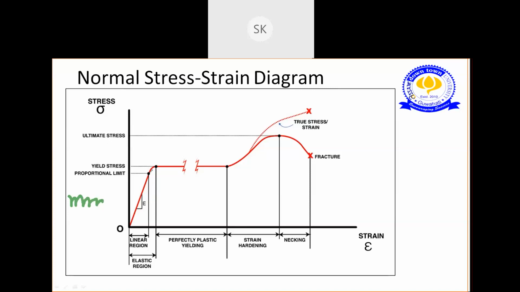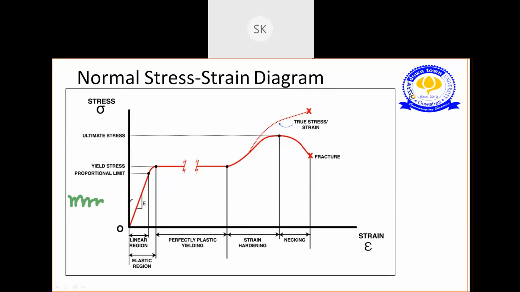From this point to this point, see the shape of this curve is a straight line. So this part of the curve is called the linear region. Why linear region? Up to this point your spring will come back to its original position whenever you apply a stress.